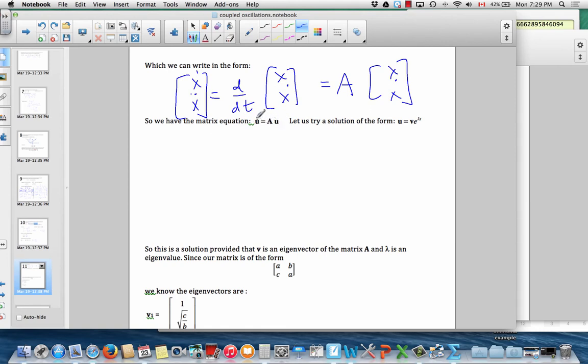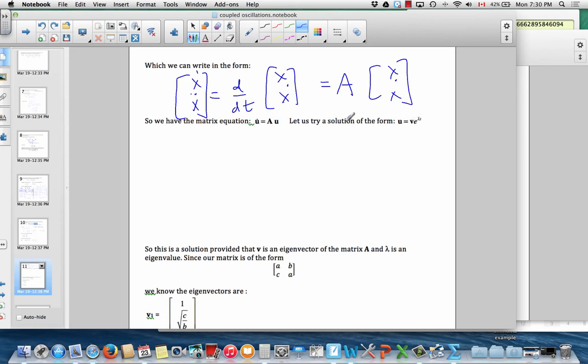Now, this says the derivative of something is itself times a constant A. Well, which function is its own derivative? An exponential function. So let's try something of this form. u is some vector times e to the lambda t, this time-dependent function. So this is not a vector, but v is a vector.